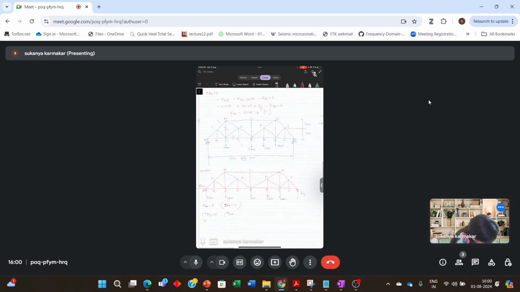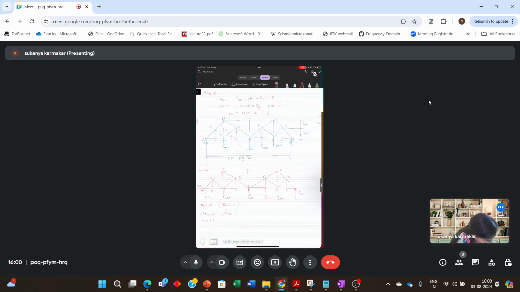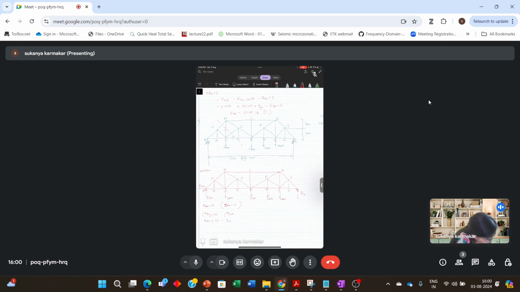So RAV into 16, minus 2 into 6, minus 5 into 4, minus 3 into 3, minus 2 into, that is what I am doing, 2 kilonewton force is at a distance of 4 meter.